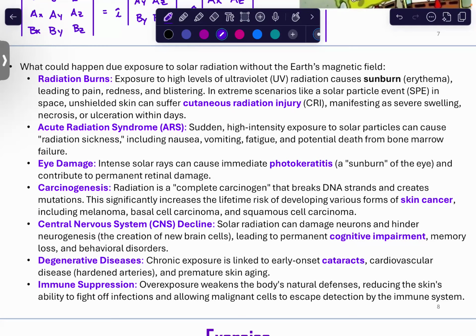You would get all kinds of cancer, degenerative diseases. Your eyes would fry. The rods and cones that make sense of light would be melted. You'd have almost instantaneous radiation burns, which are bad. Imagine a 3rd-degree burn showing up from the inside out.